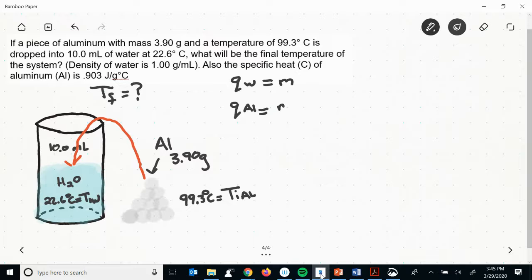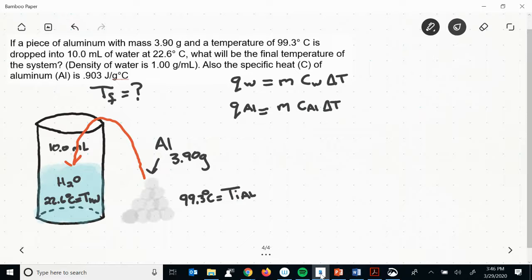For each one of these, we need a specific heat. And for each one of these, we have a delta T. That delta T is going to contain some components that are the same, but a couple of components that are a little bit different as well. So let's talk through it.